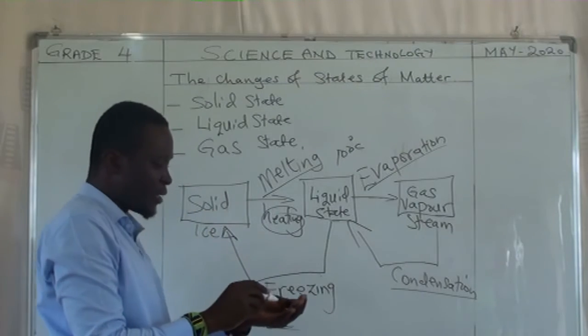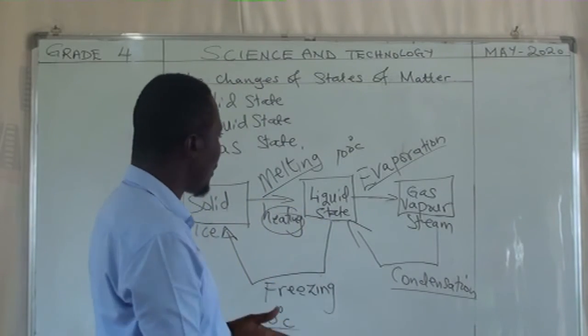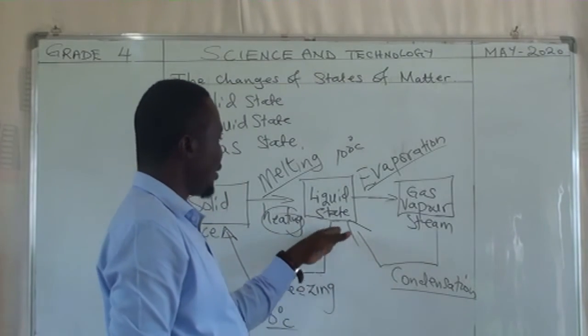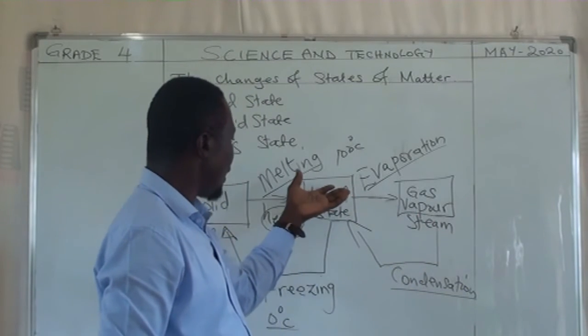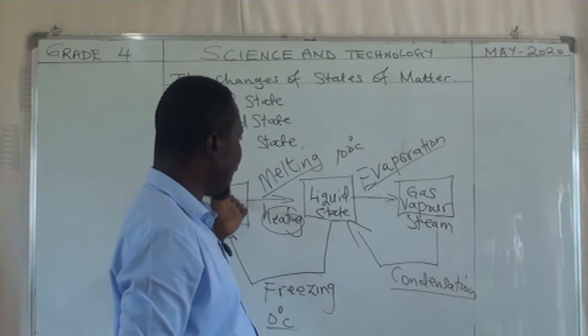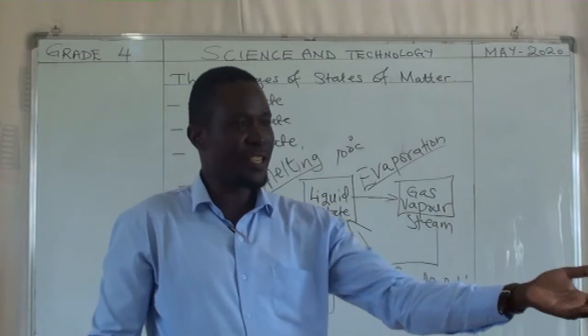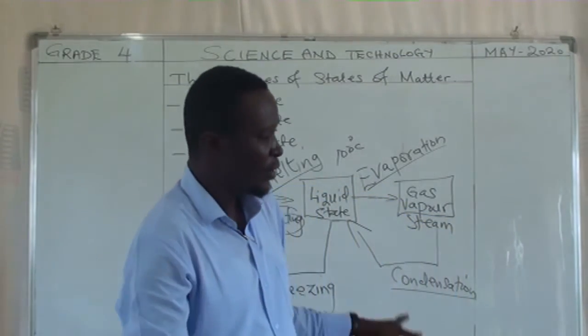This is a process that you can do by yourself. Just take a glass of water and put it in your deep freezer, and you will see the process. After some time, it changes into a solid, which is ice. Then you take out the ice, you put it in the sun, then you will see it will melt and change back into liquid water.